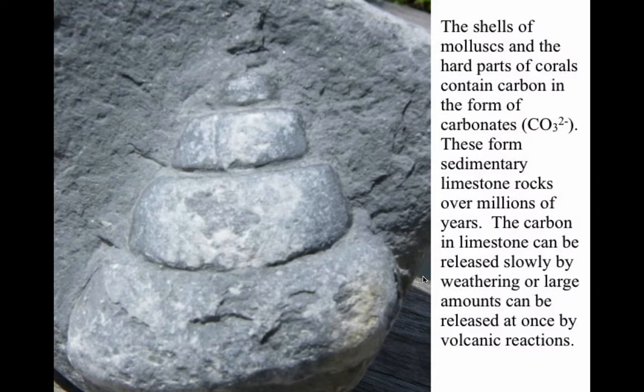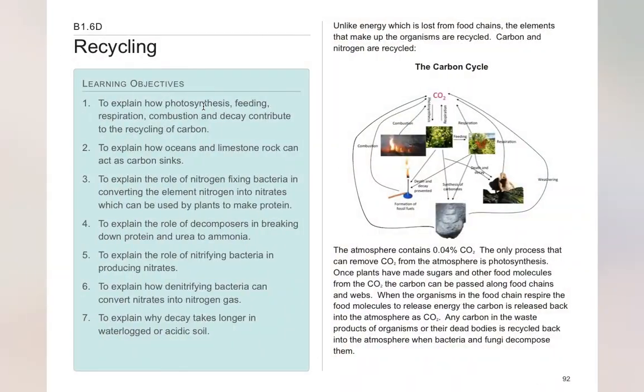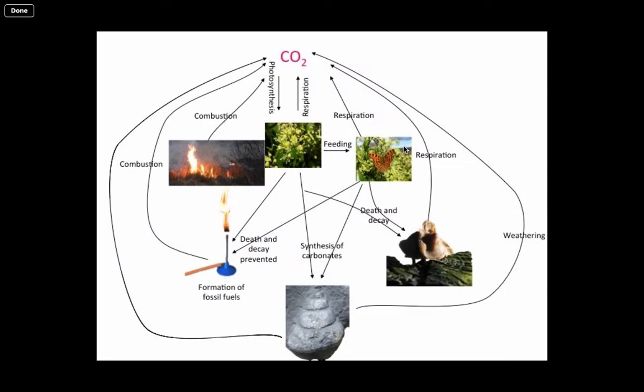Good. Right, so if we want to bring that all together into a cycle, the only arrow removing carbon dioxide from the atmosphere is photosynthesis. We have respiration in plants, in the animals, in the decomposers. We have things dying, and carbonates forming, which can be released into the atmosphere in a volcanic eruption, so an extreme form of combustion there.